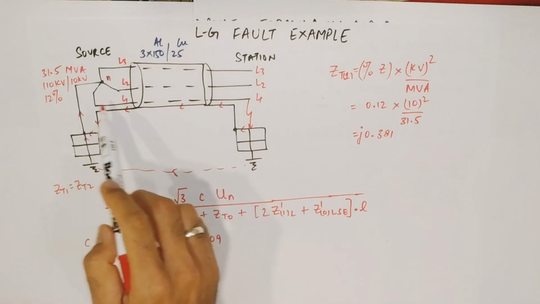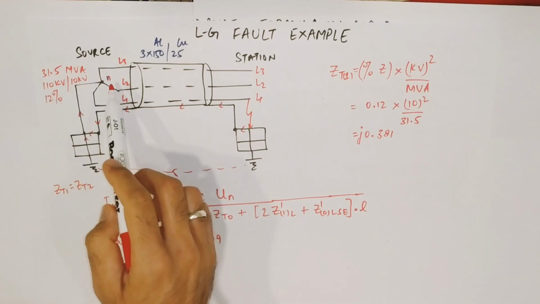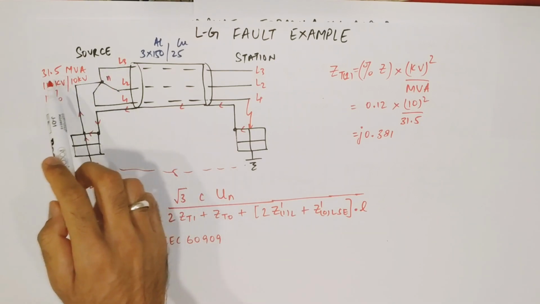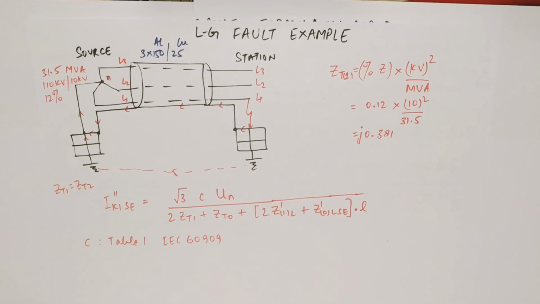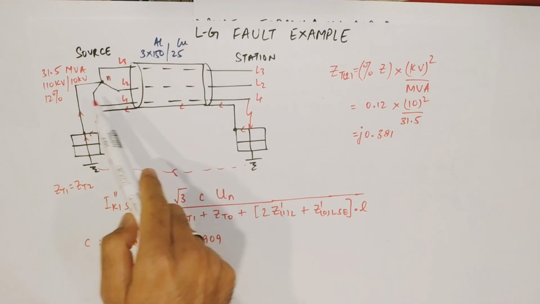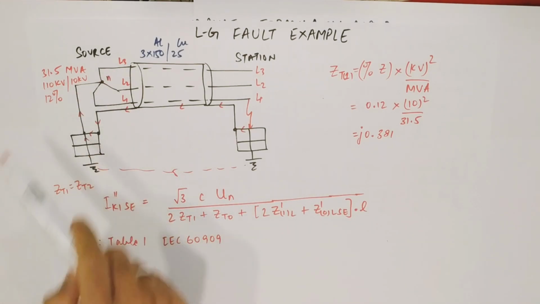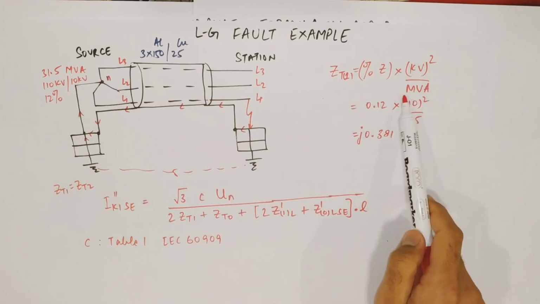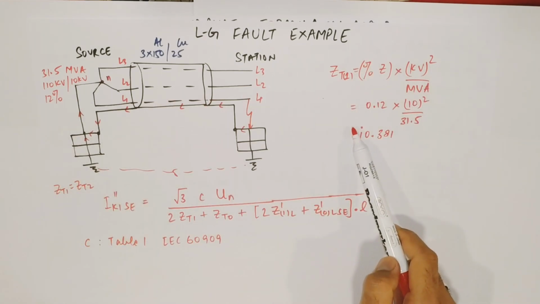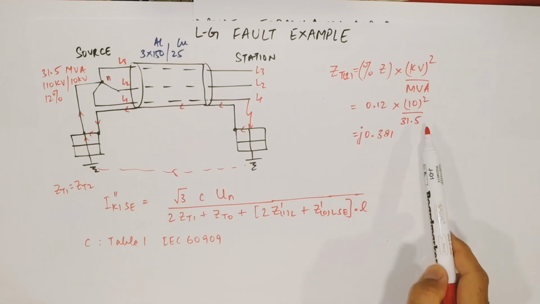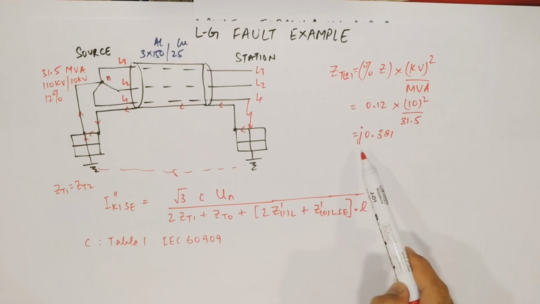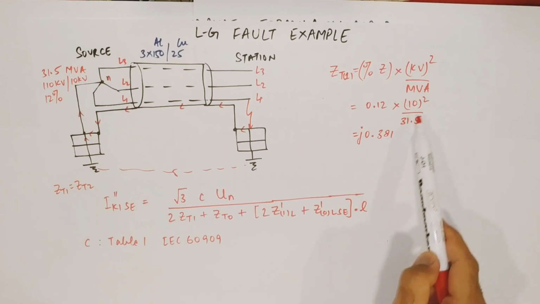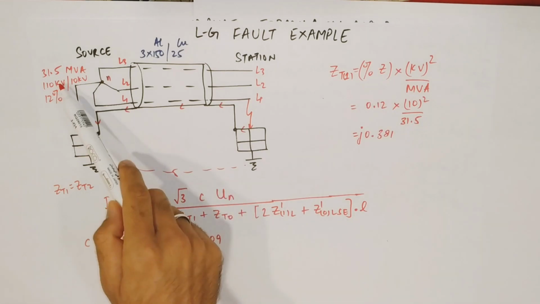Now this source has a transformer, and this is the secondary side. This transformer is 31.5 MVA with 110 kV on the primary side. I have drawn only the secondary, which is 10 kV, and the percentage impedance is 12%. As we previously saw, this is the formula for calculating the transformer impedance, and considering this as completely reactive, I have written J 0.381 once you solve this by putting in the values.